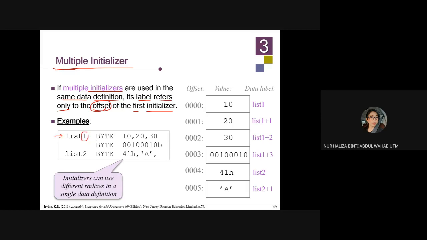You have list 1 with a byte 10, 20, 30. So you put 10. This one is decimal, but you need to convert it later on to hexadecimal. If you convert it, you will get A, so 0A. And then this one 20, and then 30. After that, another one.